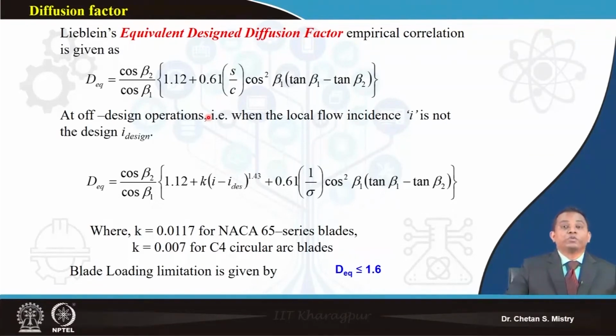We have not yet introduced this parameter, but let me tell you, when we say off design condition, that means my compressor has been designed for a particular mass flow rate and for a particular speed. If your speed changes, the peripheral speed in the velocity triangle will change, and then my flow will not be incident at the angle for which it has been designed.